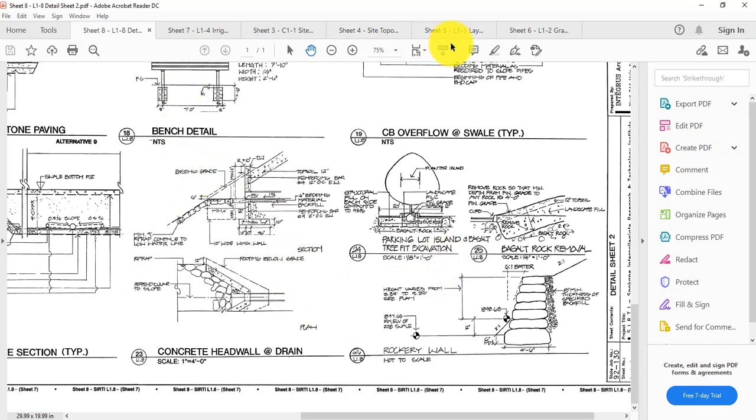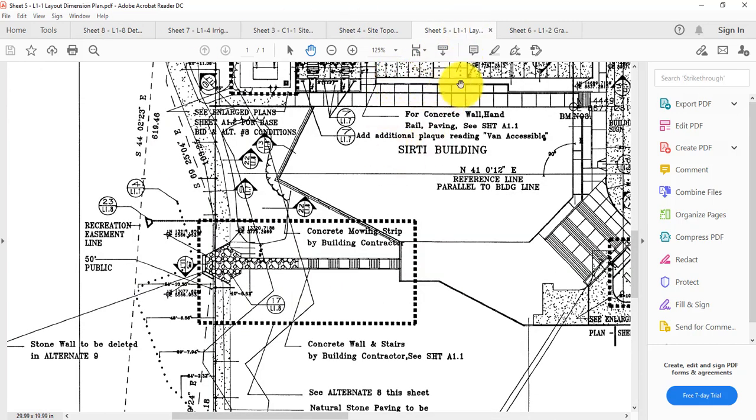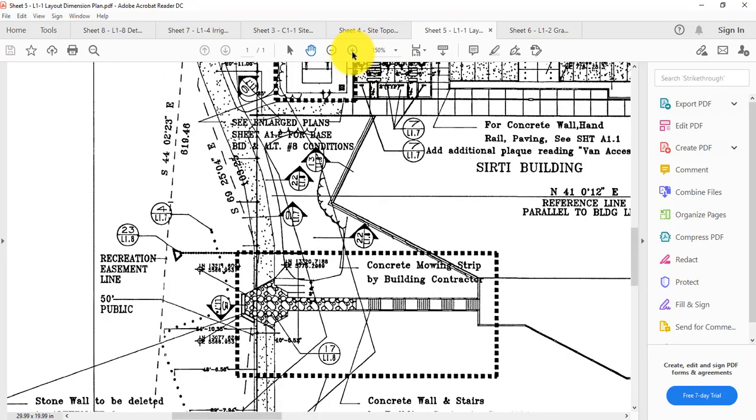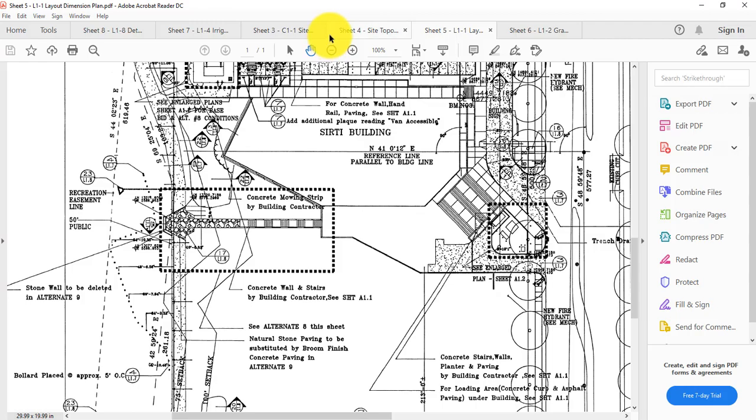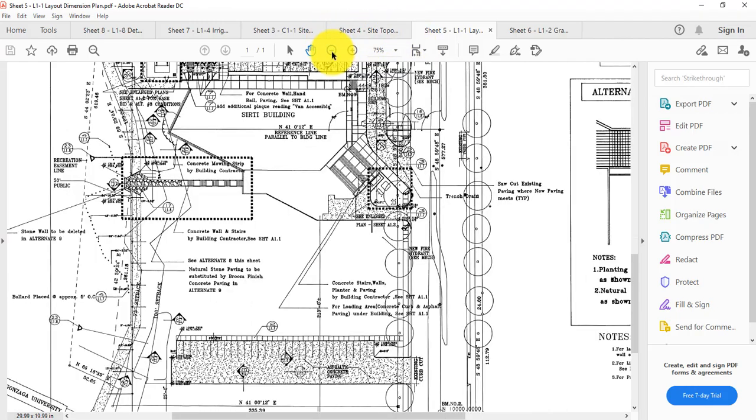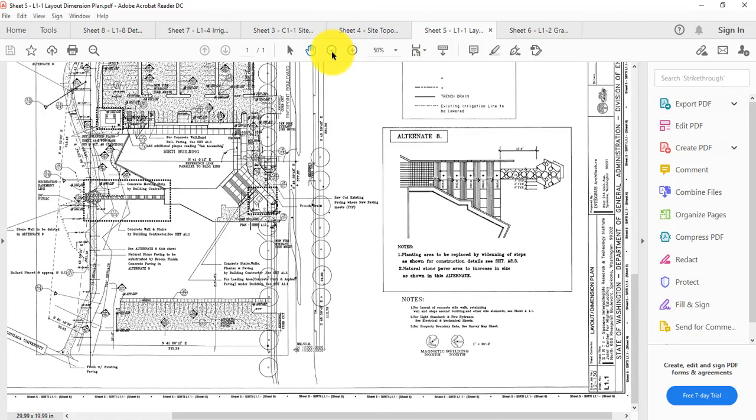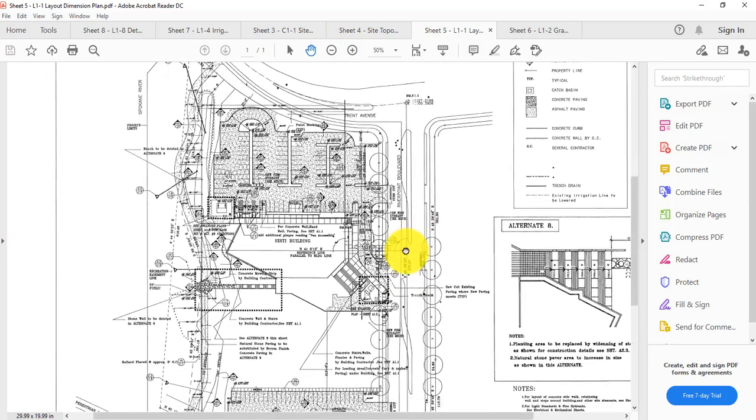So going back here to this layout, each one of these drawings represents a different part of the same site, but one will be just grading, the other one will be the topography, this one is this, and then the site plan.